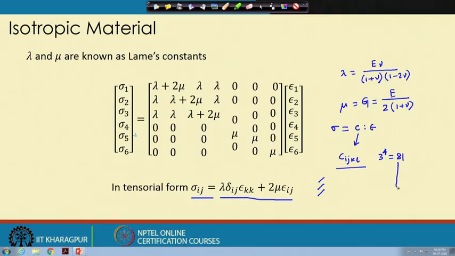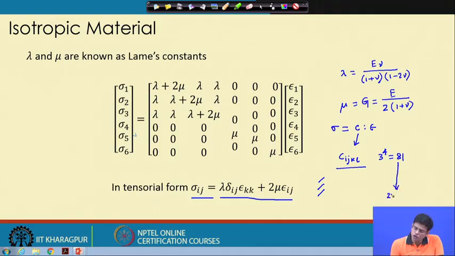So, with these three conditions, we reduced 81 constants to 21 independent constants. These 21 constants are for a general anisotropy, known as the triclinic material. From this triclinic material, again we assume some symmetry conditions.